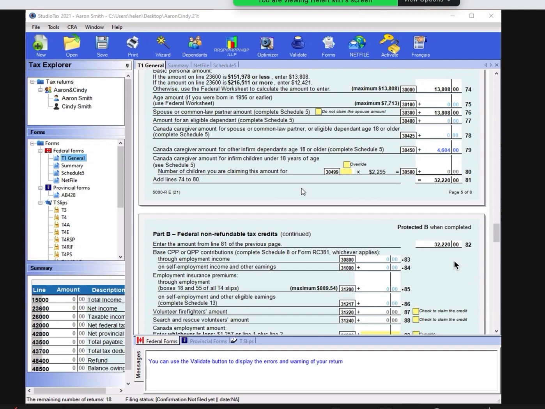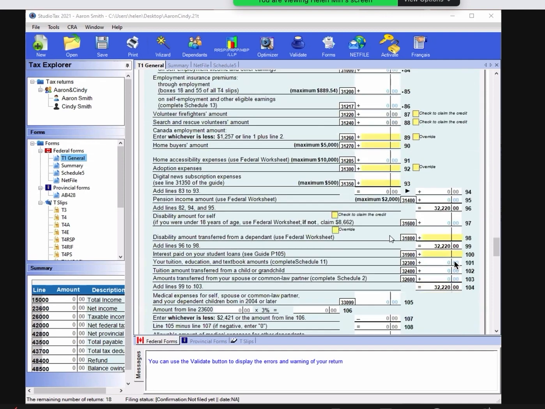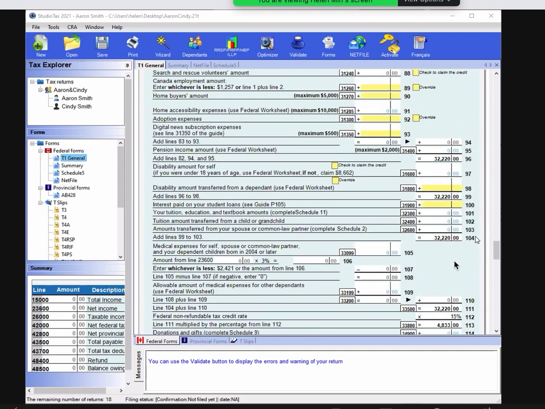When you read that, if you see here, line 102. What is line 102? Tuition amount transferred from a child or grandchild, ma'am? Yes. So that's the tuition transfer from your child. For example, my elder daughter has tuition.